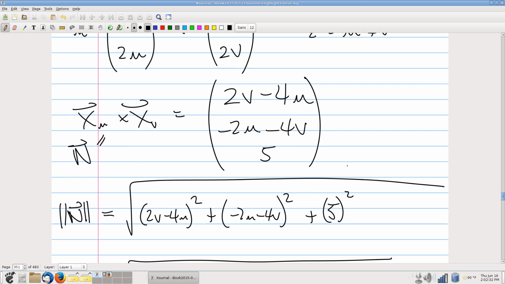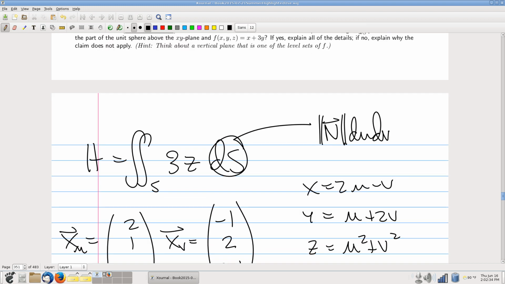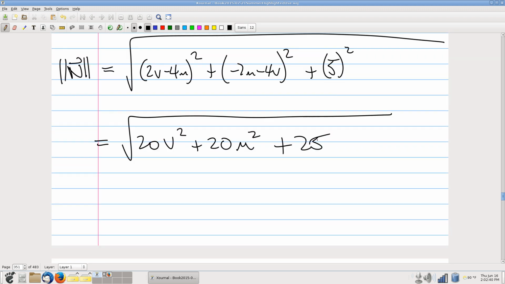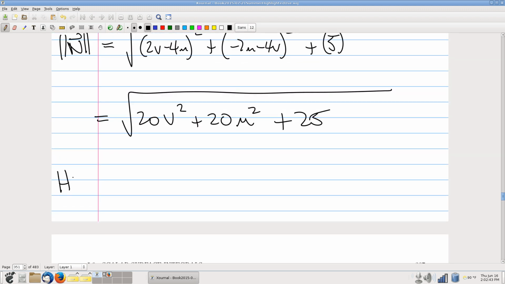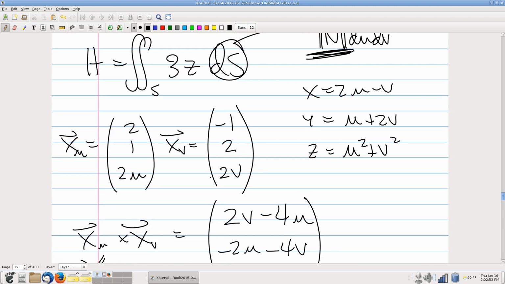That is my stretching factor. So all together, I have the double integral of 3z dS. Don't forget z is u squared plus v squared.